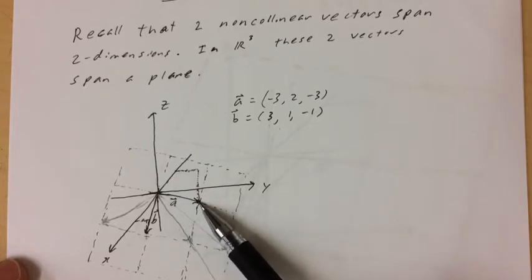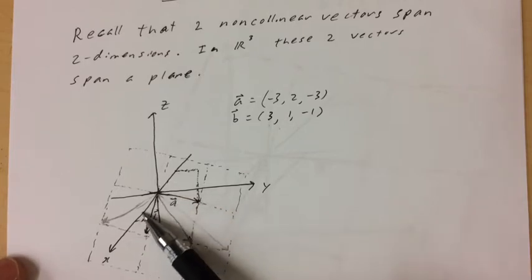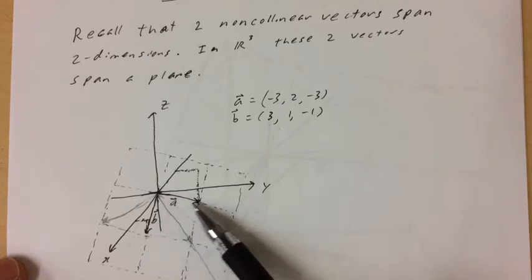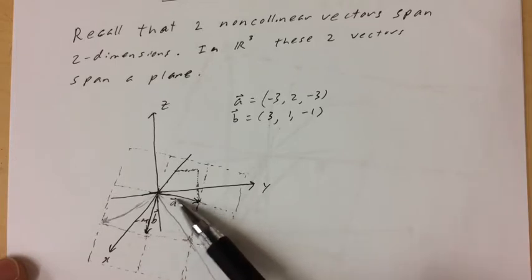Vector b goes 3 on the x-axis, 1 on the y, and -1 on the z. Taking these 2 vectors, they can form a parallelogram here, made from these dotted lines.